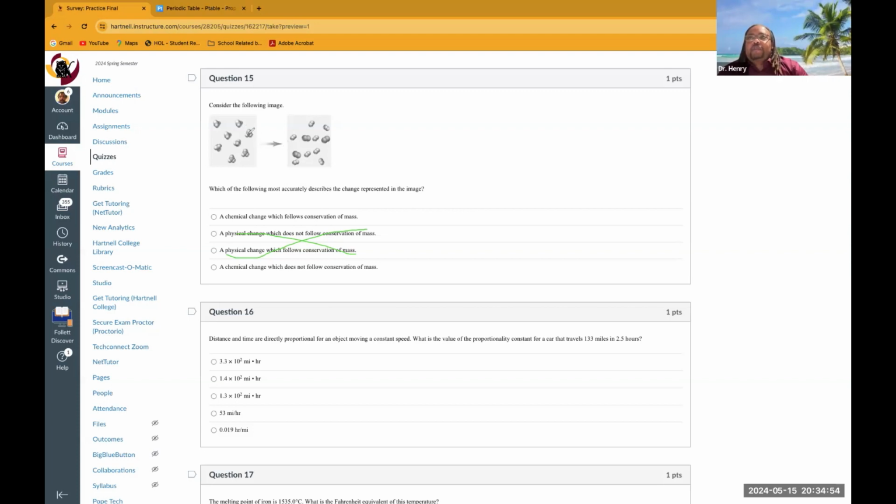So we have the big ones here in the middle. We count these: 1, 2, 3, 4, 5, 6, 7, 8. So we should have 8 big ones, right? And we have 1, 2, 3, 4, 5, 6. So that means it doesn't follow. It probably means that we lost one along the way.